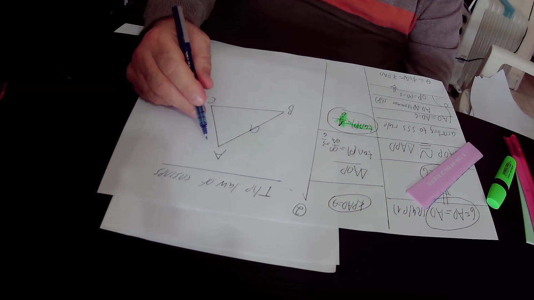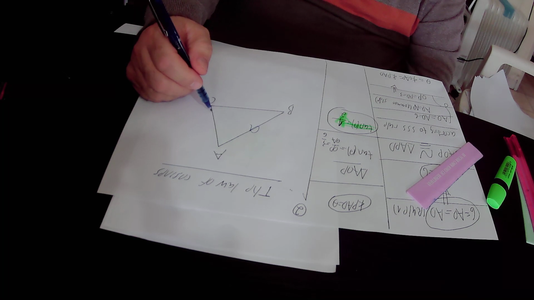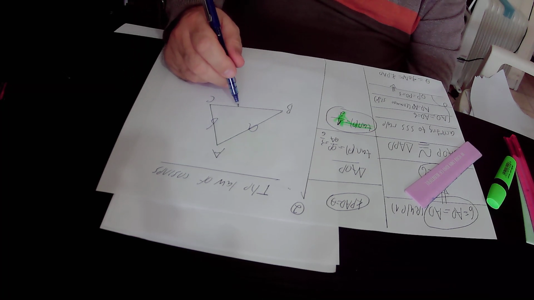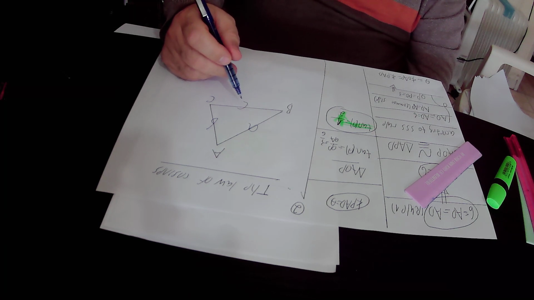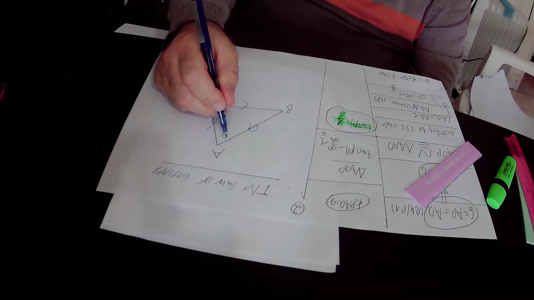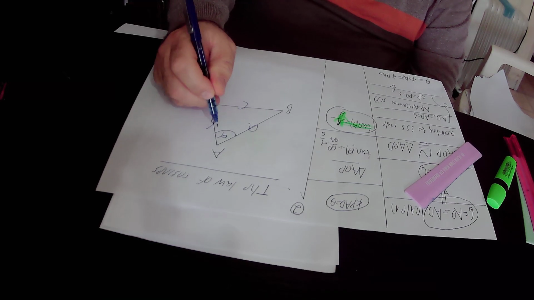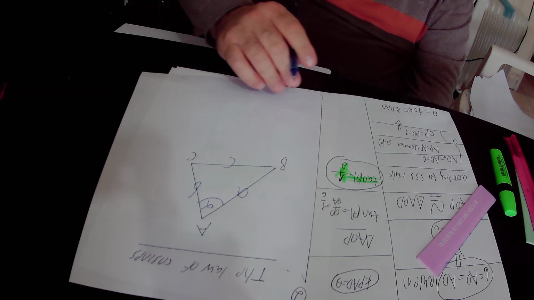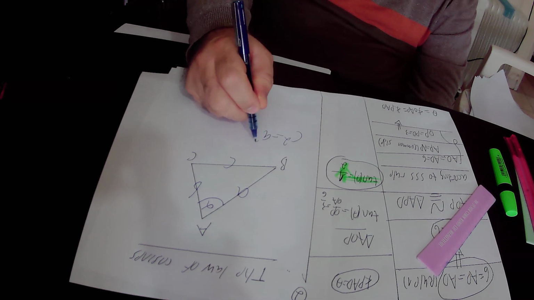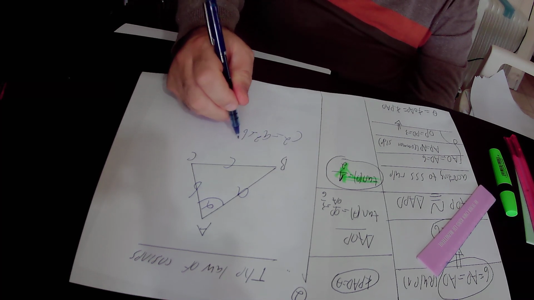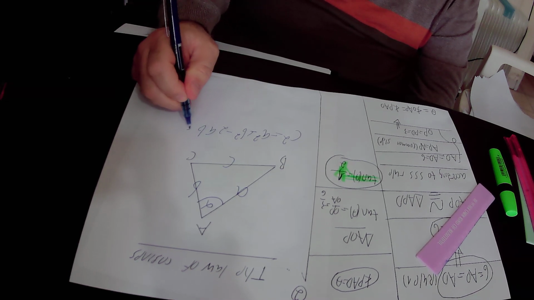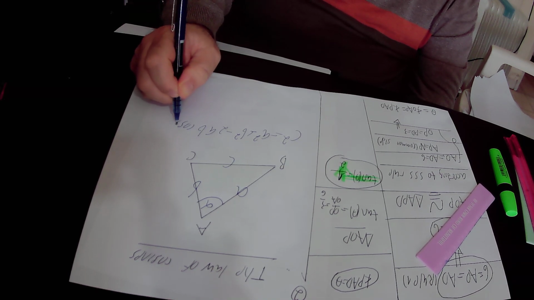The length of side AC is B units. And side BC equals C units in its length. And the angle between side AB and side AC is alpha. Then according to the law of cosines, C squared equals A squared plus B squared minus 2 times A times B times cosine alpha.